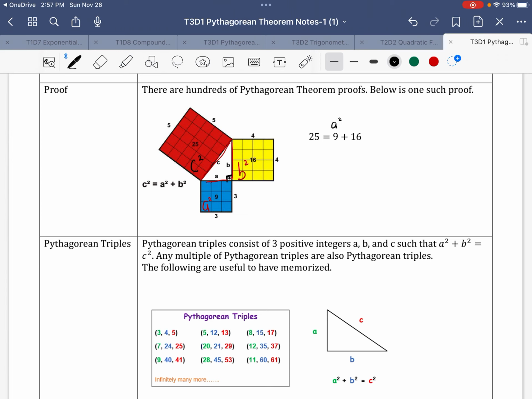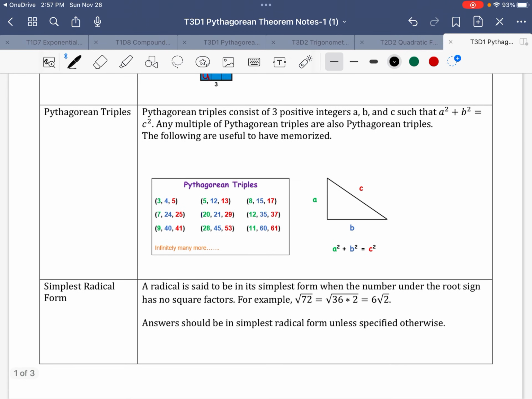And since b is 4, b squared is 16. And it equals c squared, right? c is your hypotenuse. c has a side length of 5. 5 squared is 25. And if you add 9 plus 16, it equals 25. So this is a simple proof that the Pythagorean Theorem works.